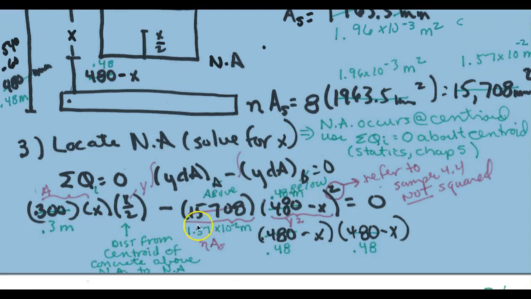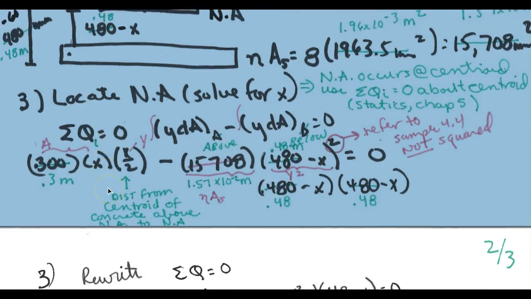And then below, I have the area of my transformed steel multiplied by the moment arm, or the distance from the transformed section to the neutral axis. And I set those equal to 0 in order to find the location of the neutral axis.